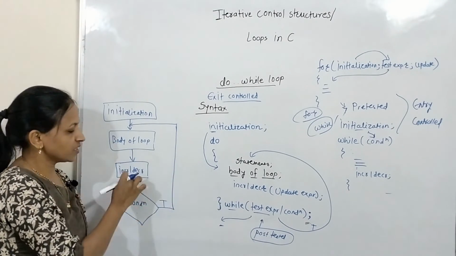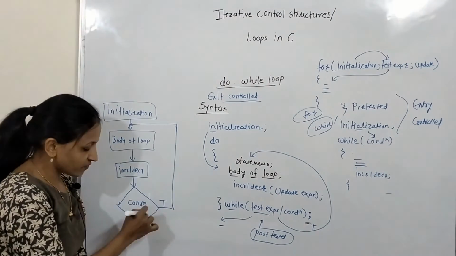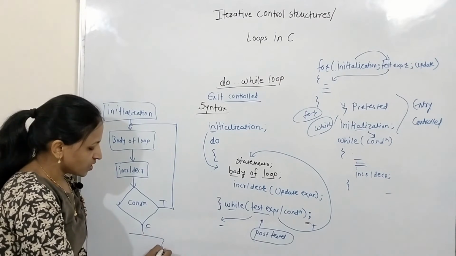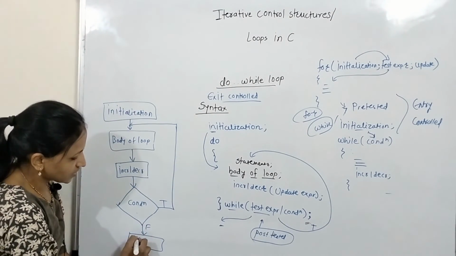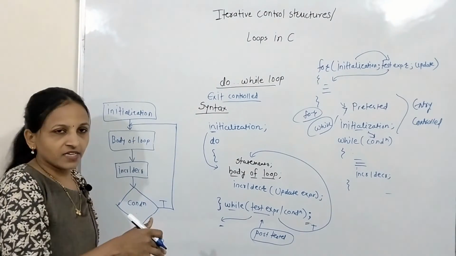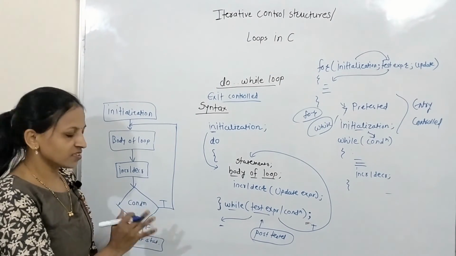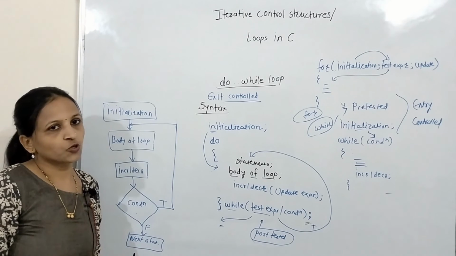Again the increment or decrement, whatever update expression, gets executed. Whenever the condition becomes false, it will go outside that loop, that is, control will be passed to whatever next statement is after that do while. In this way, this is the flow chart for the do while loop.